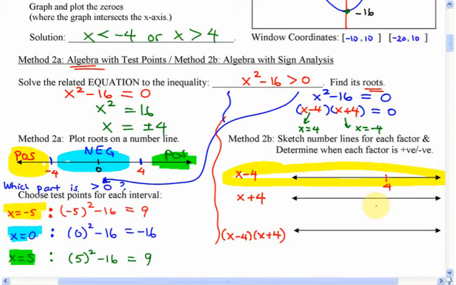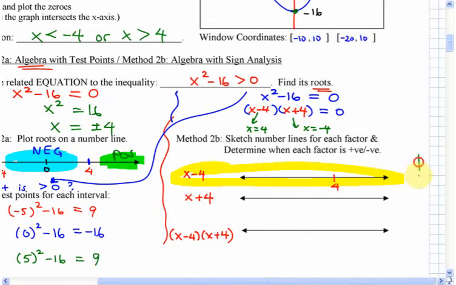Let me ask you, x minus 4 as a visual, what kind of graph does it look like? Parabola, line, what does it look like? Line. Is the slope here positive sloping or negative sloping? Positive sloping. So if I asked you what would be the values less than 4, are they going to be positive or negative in terms of the y values? And what are the y values after 4? Okay, here, let me ask you this.